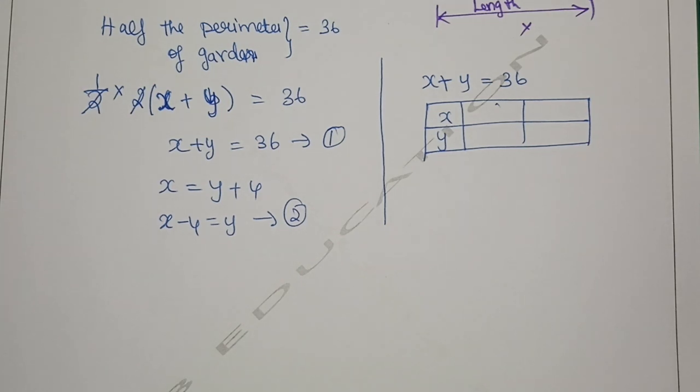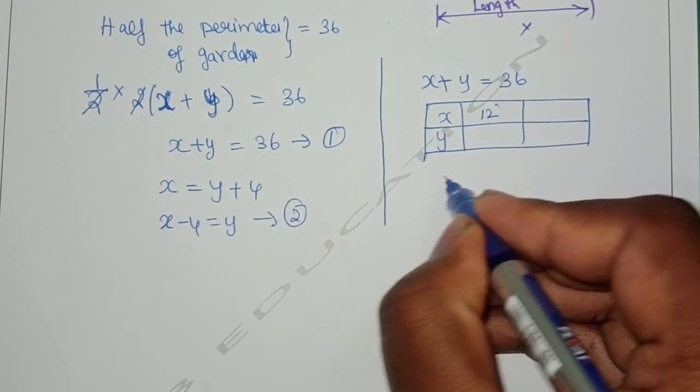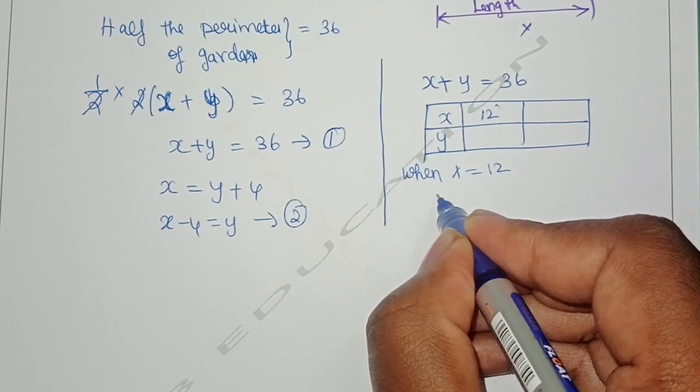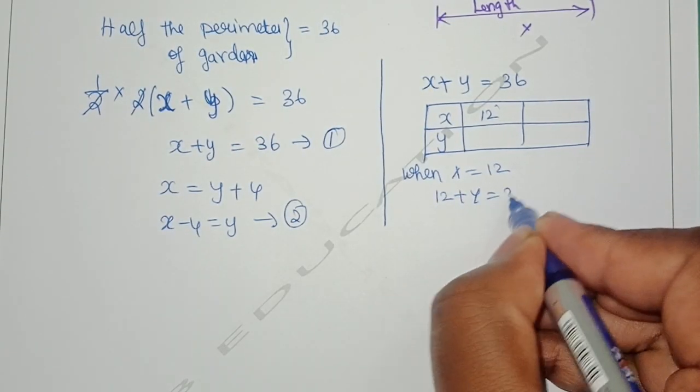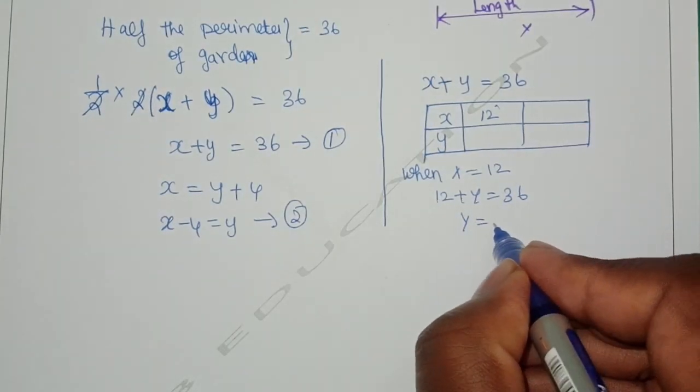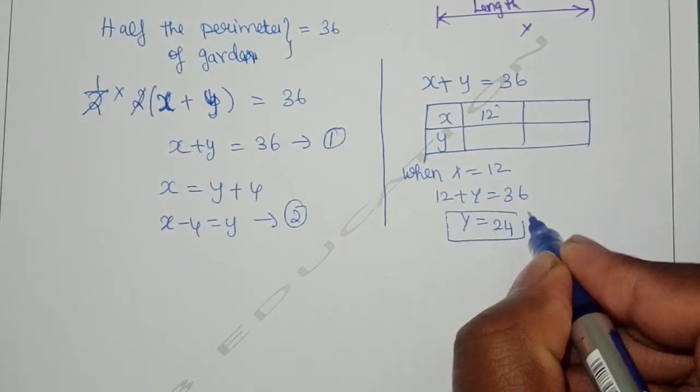So we will use x as 12 first. When x is equal to 12, 12 plus y is equal to 36. Therefore, y is equal to 36 minus 12, which is 24.